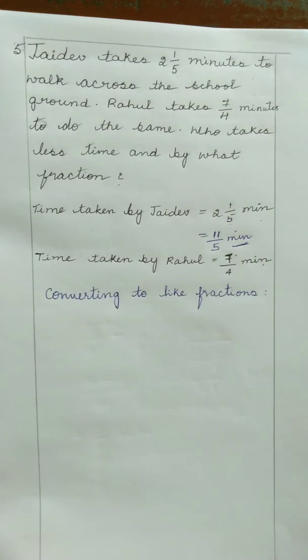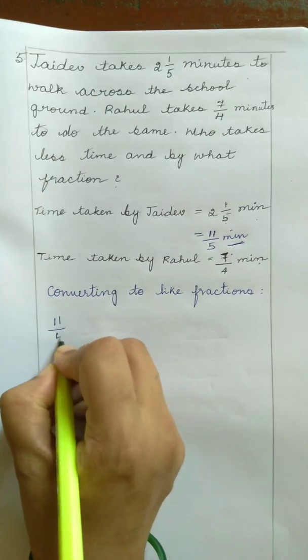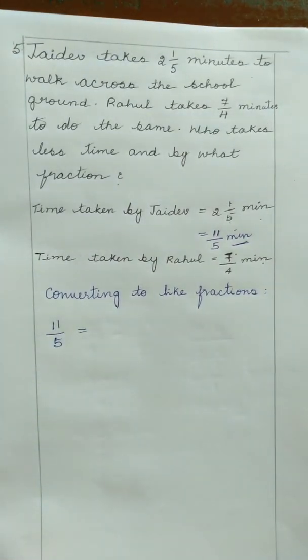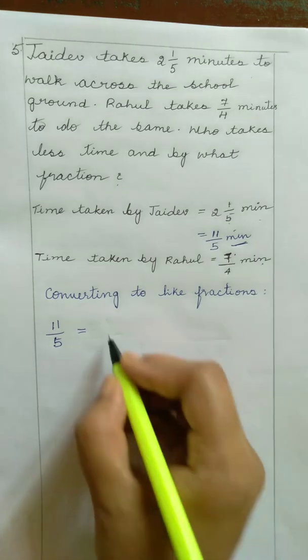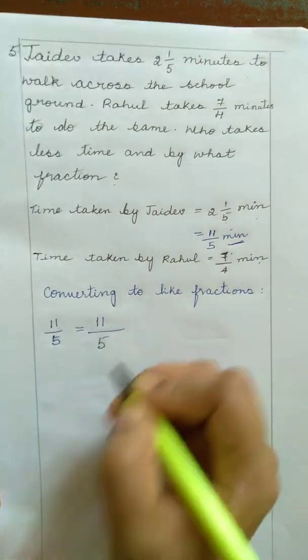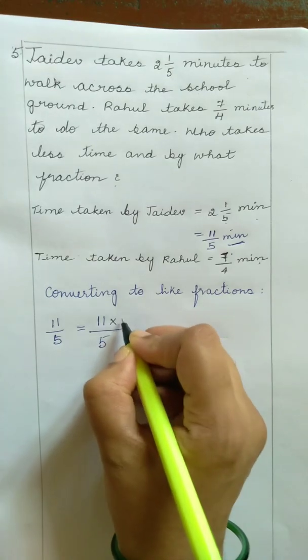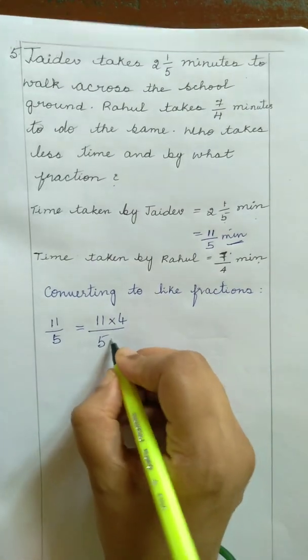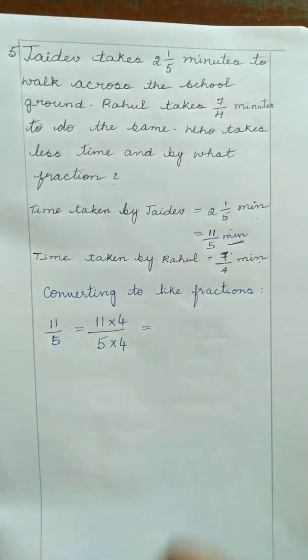To convert to like fractions, let us use the method of equivalent fractions. We have studied that to find an equivalent fraction, we have to multiply both the numerator and the denominator by the same value. Therefore, take 11 by 5. Multiply the numerator and the denominator by the same number such that in the two fractions, the denominator value becomes equal. So, let us multiply 11 by 5 with the number 4, that is 11 into 4, and the denominator also will be multiplied by 4.